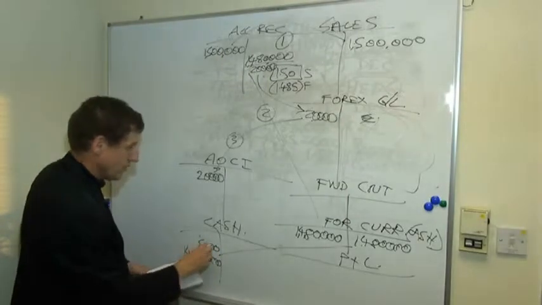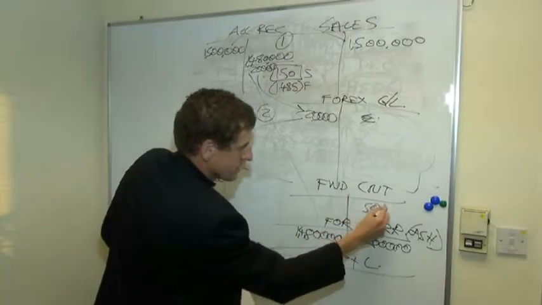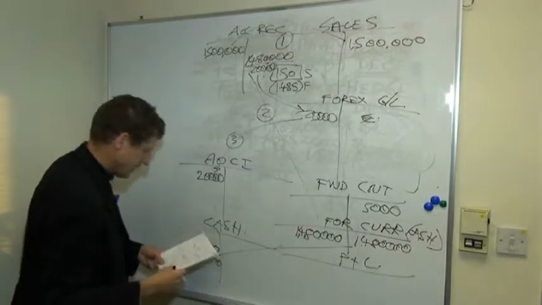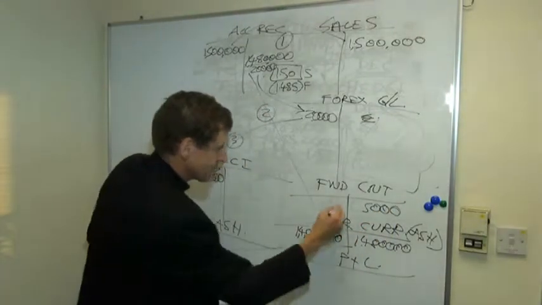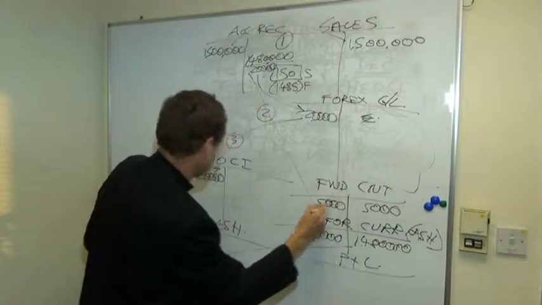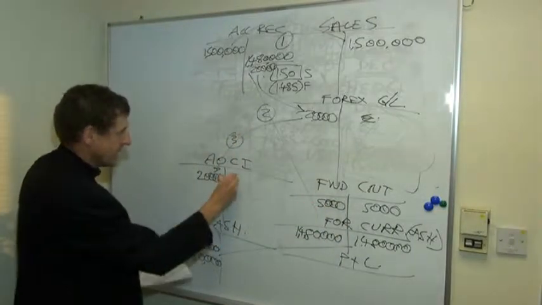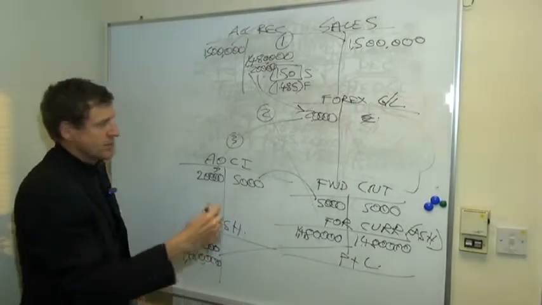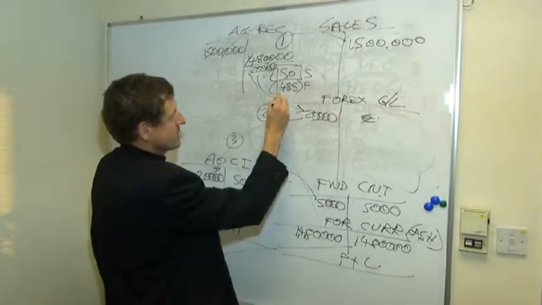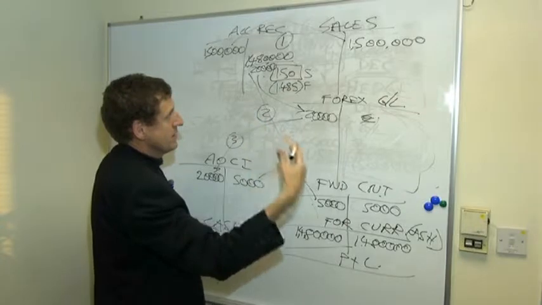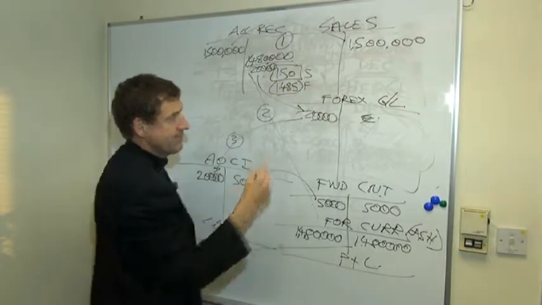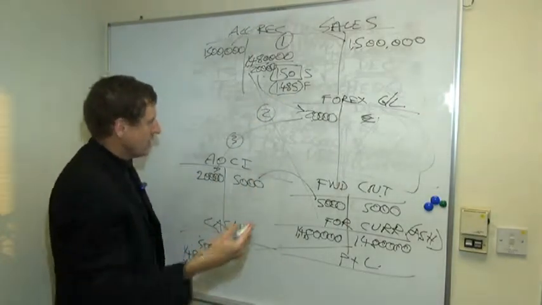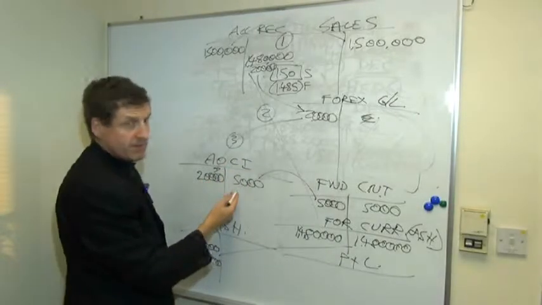How does that happen? Well, because we entered into a contract where it gave us $5,000 gain in here. You see, because we entered into a forward contract to actually sell US dollars at 1.485 in 3 months' time, we don't lose 20,000, we only lose 15,000.